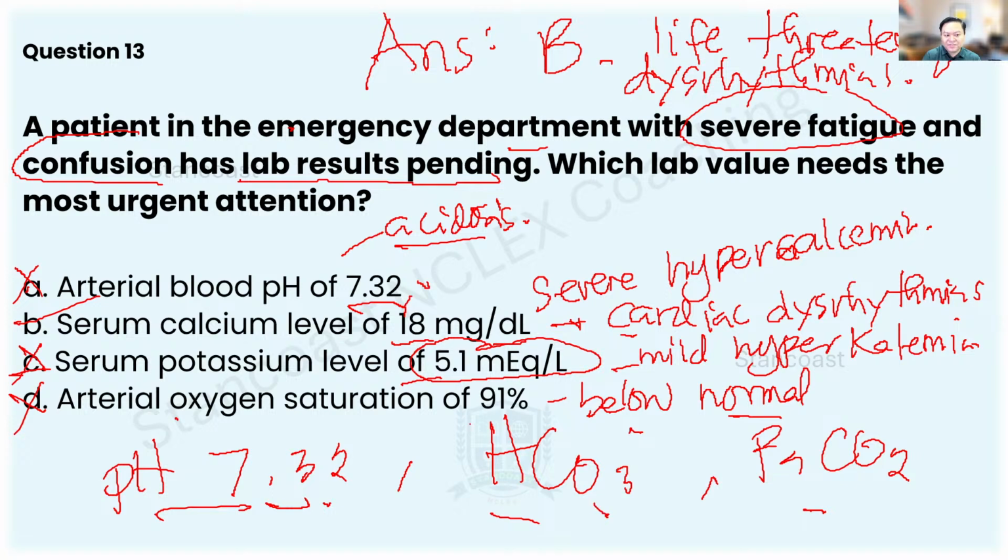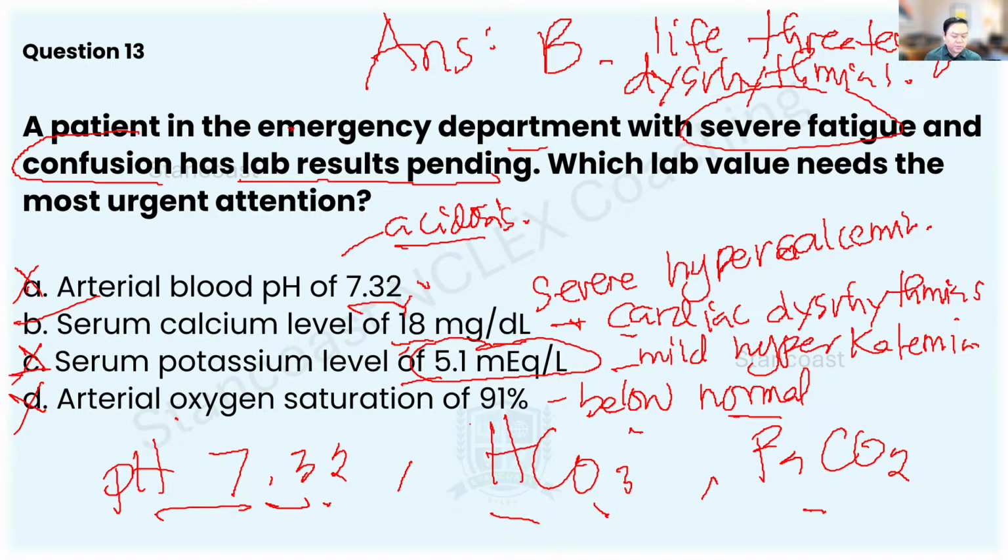So 7.32 doesn't give us a better understanding about the potential acid-base imbalance. However, if you have that value that is already high, severe hypercalcemia, this is much more life-threatening. Okay, so that's the rationale there.